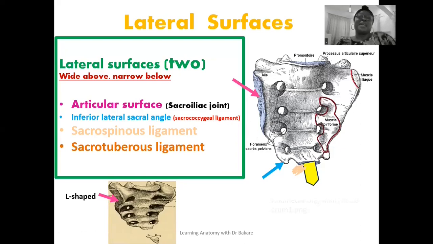This sacrotuberous ligament emerges from the tuberosity of the ischium, and you see it directed to and attached to the lateral surface of the sacrum and also the coccyx. This is also highlighted here at this point. So you see these two ligaments taking their insertion point on the lateral surface of the sacrum and also the coccyx. You also have the coccygeus muscle, also connected to the lateral border of the sacrum.